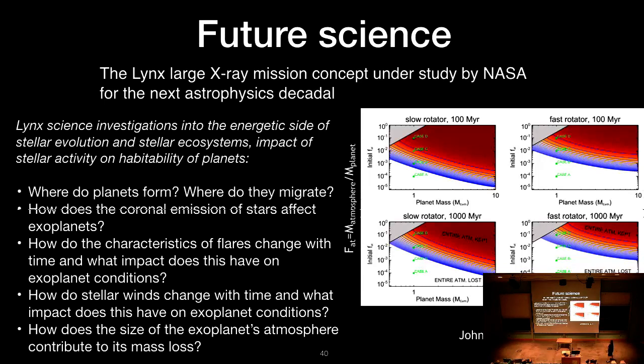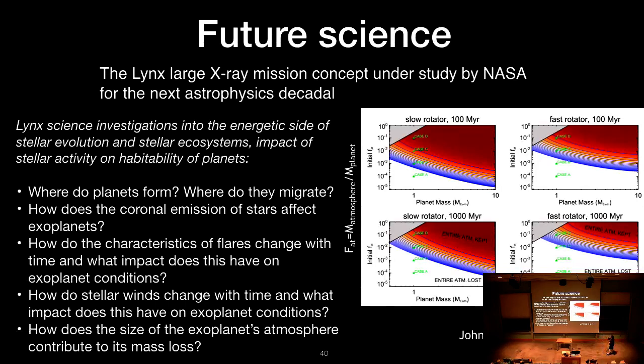And they range from understanding where planets form when they're very young, understanding the physics of young stars and their accretion and flaring, magnetic reconnection flares, looking at the characteristics of flares on different types of stars, stellar winds, including potentially a few more observational constraints on coronal mass ejections.